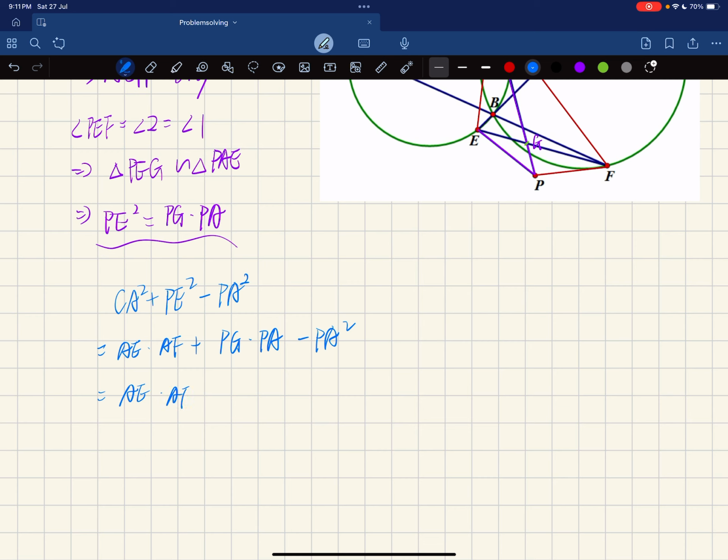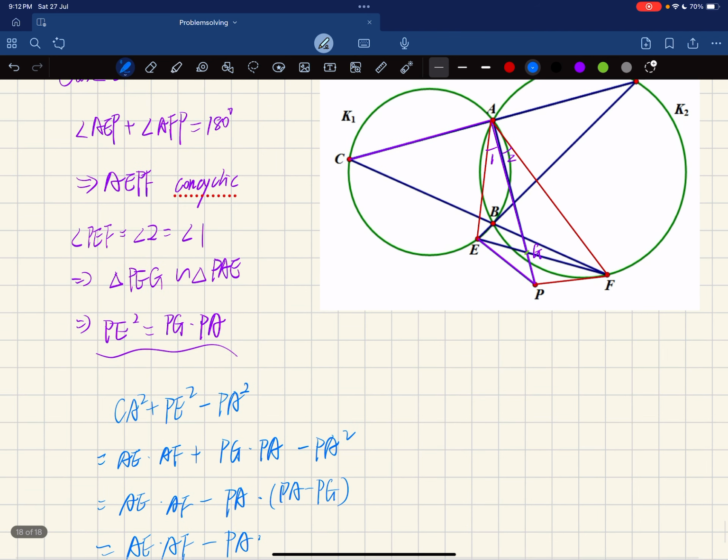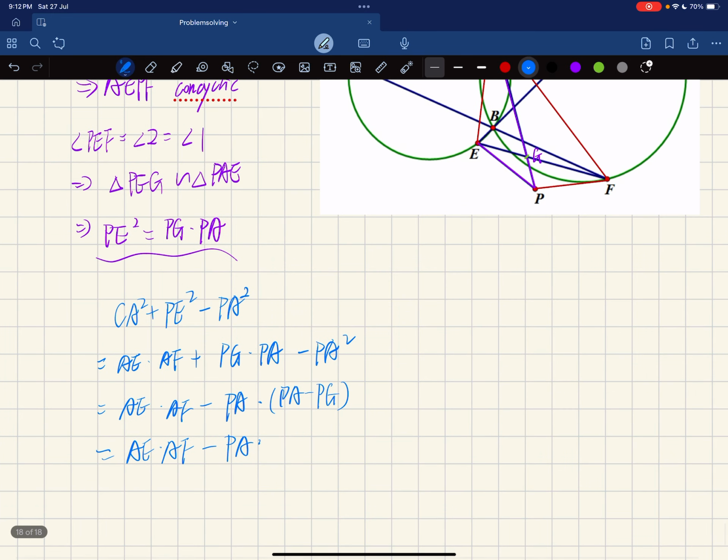AE times AF plus PA times, or we use minus, PA times PA minus PG. Oh, that equals to AE times AF minus PA times, what is PA minus PG? That is AG, right?